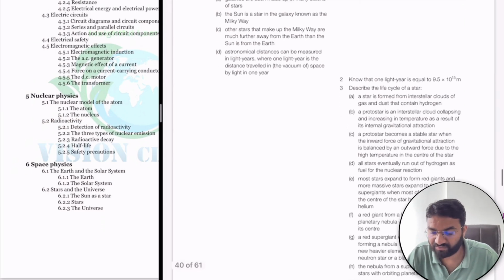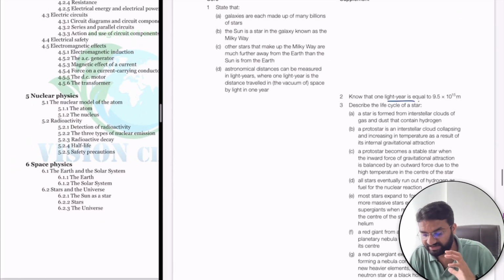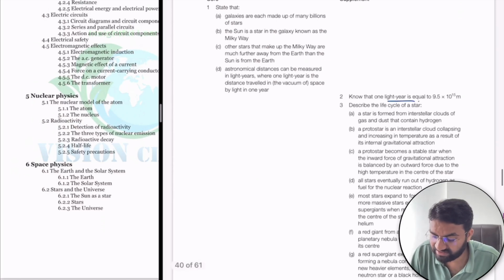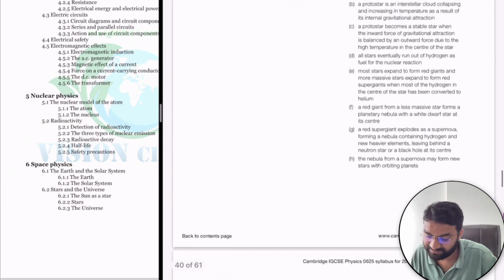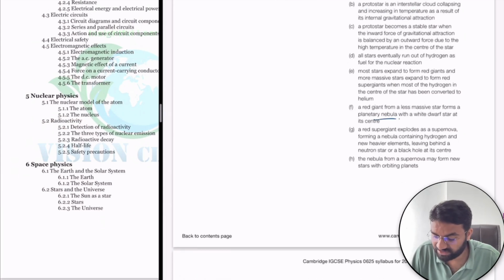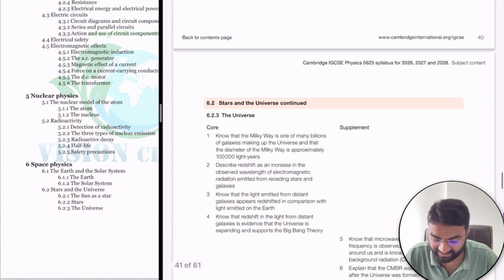So even concepts relating to light are there for extended students. Then describe the life cycle of a star: formation of a star, protostar, then the nebula, red supergiant, explosion. All these concepts are there for extended students.